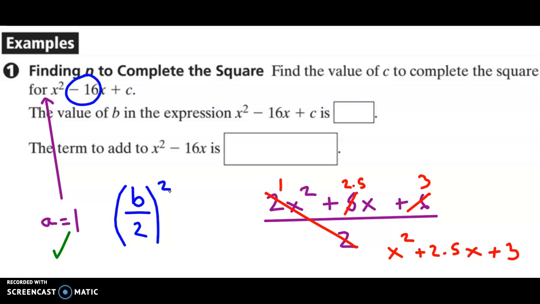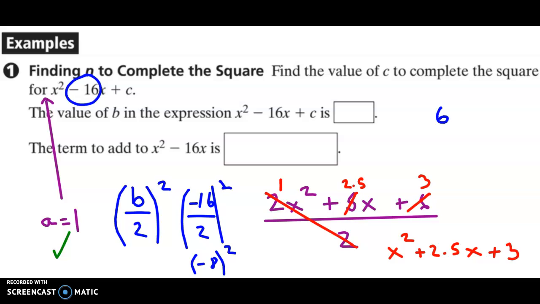So in this particular example up here, we're going to take b, which is negative 16. We're going to divide it by 2 and square it. When you take negative 16 divided by 2, you end up with negative 8, and we square that, and we end up with 64.